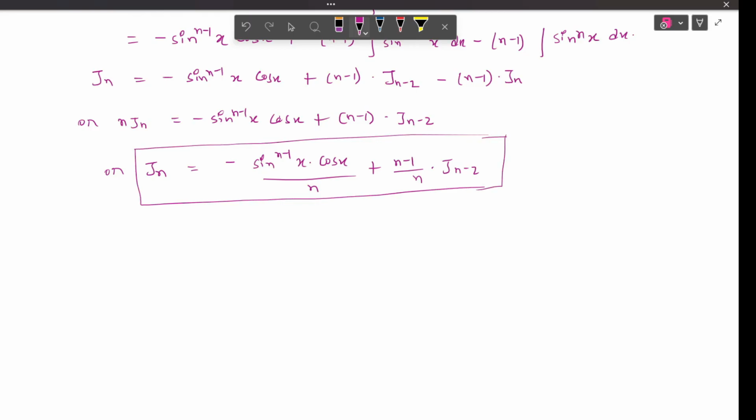Now let us see our second reduction formula for integration 0 to pi by 2 sine to the power nx dx. Remember, here n is greater than 1, which is a positive integer. Now let us say this is our In.